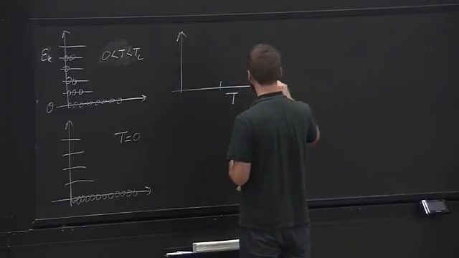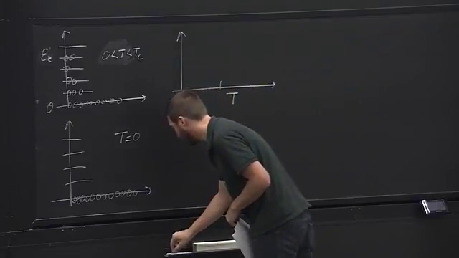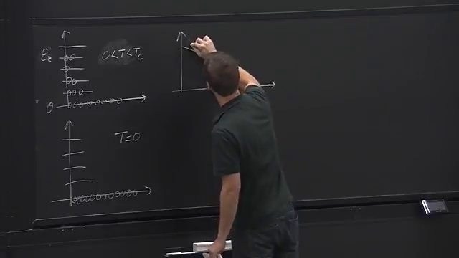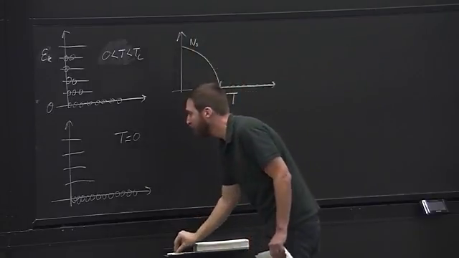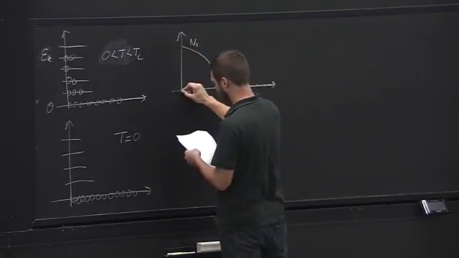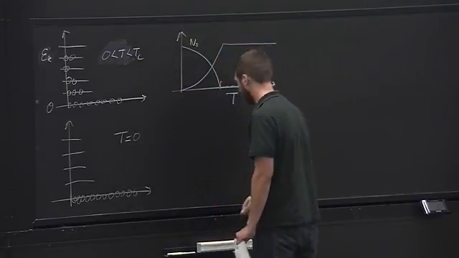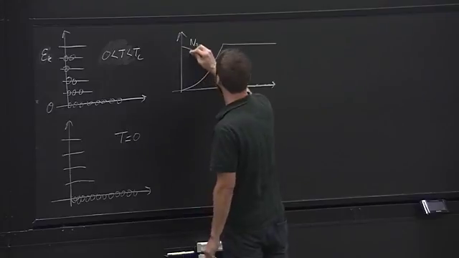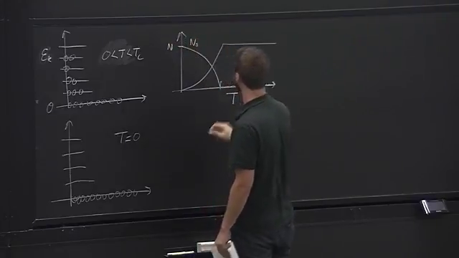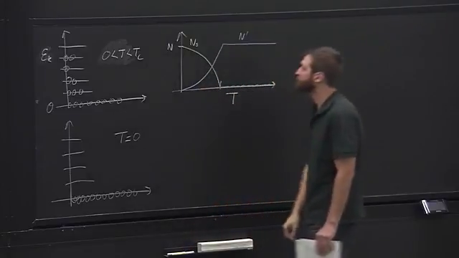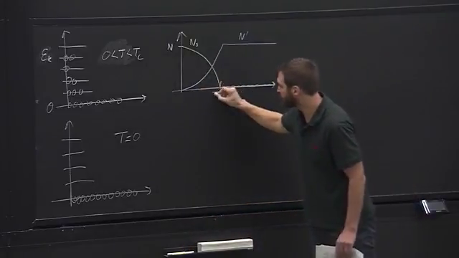N naught is 0, and then it turns on. Whereas N prime, whatever I called it, picks up the slack. So the total number is N. And this thing here is Tc.